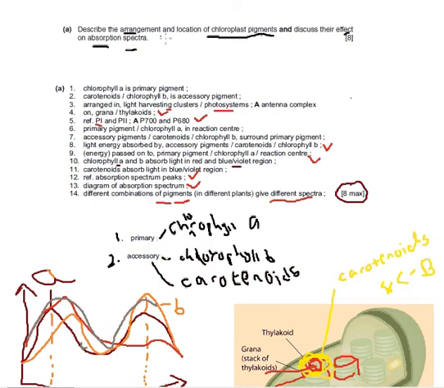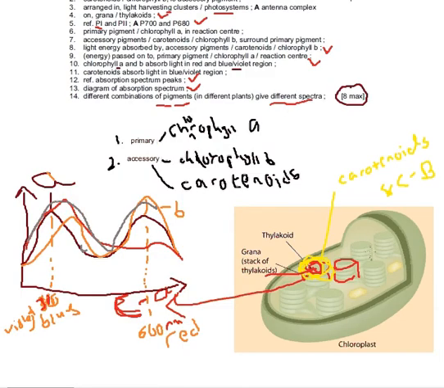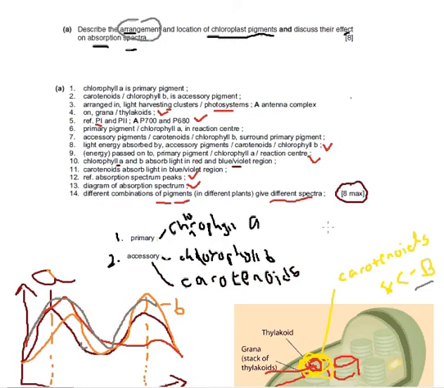So we had to mention three things. The arrangement: we said the arrangement in the chloroplast was the carotenoids outside, the chlorophyll inside, carotenoids and chlorophyll B outside. Then we came to mention the location of chloroplast pigments.